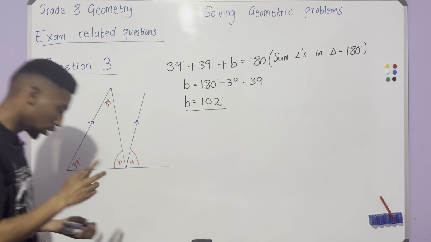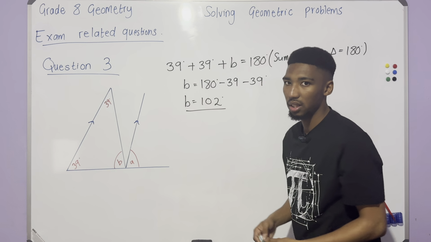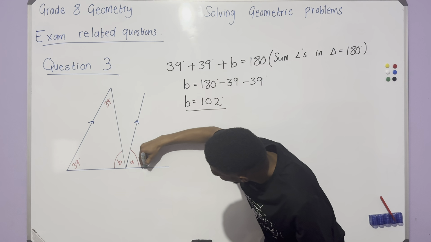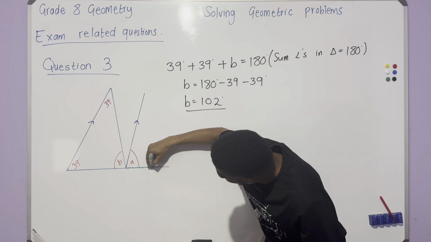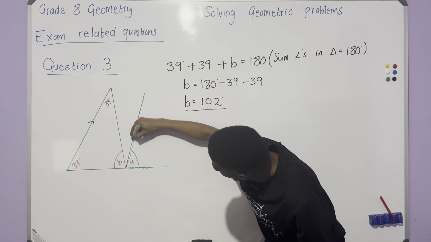Okay, so if you look at the lines that make the angle A, the two lines that make this angle A over here is this line and this line, and that's the arm.